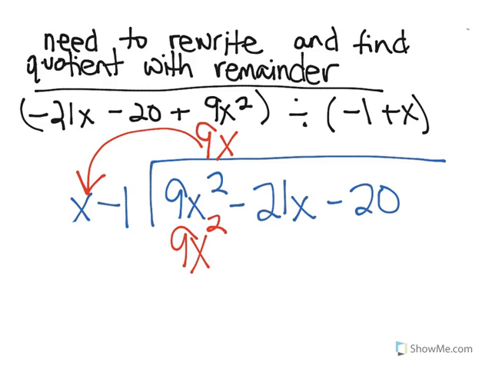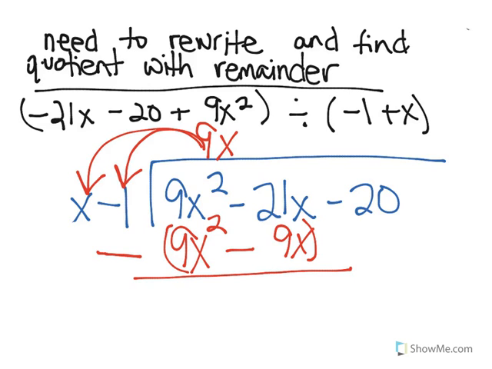Then we're going to say 9x times minus 1 is minus a 9x. Now remember, we're subtracting the entire expression underneath here. 9x squared minus 9x squared is 0. Negative 21x minus a minus, so that's like add the opposites. Negative 21x plus 9x is a negative 12x.